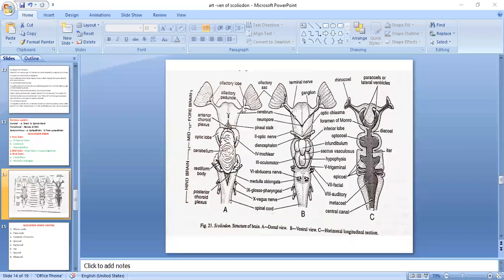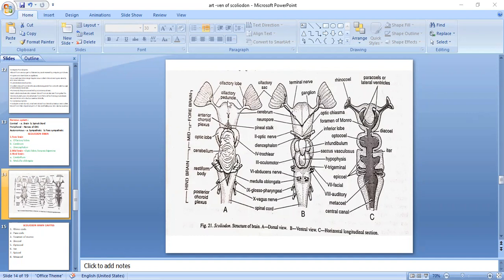That means the olfactory peduncle and olfactory lobe of the brain are almost attached to the nasal cavity. The olfactory lobes are attached to the olfactory sac, which is present in the nasal passages on both sides. So that is about the olfactory lobes.